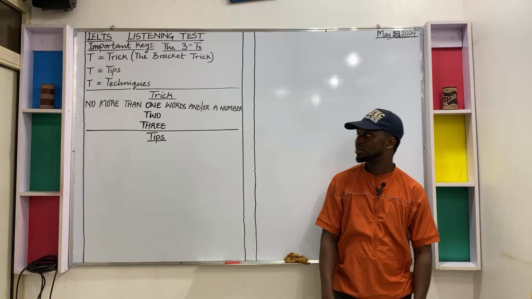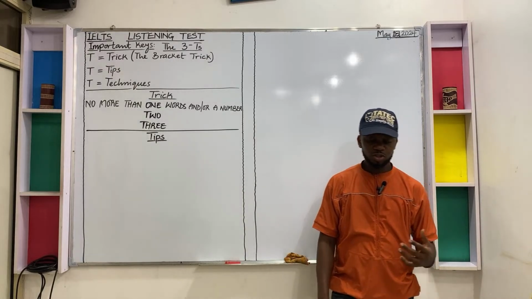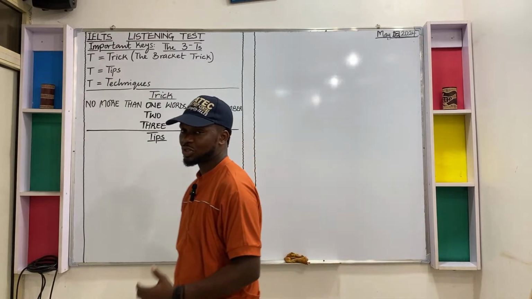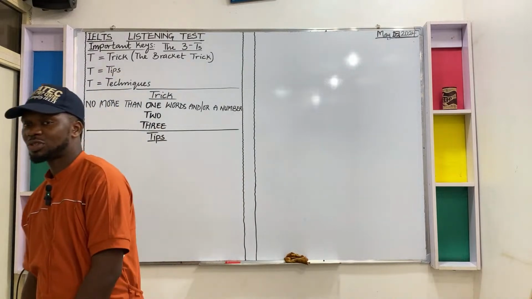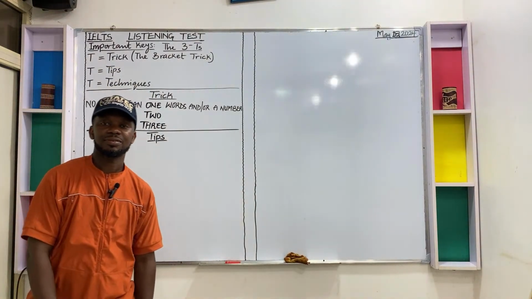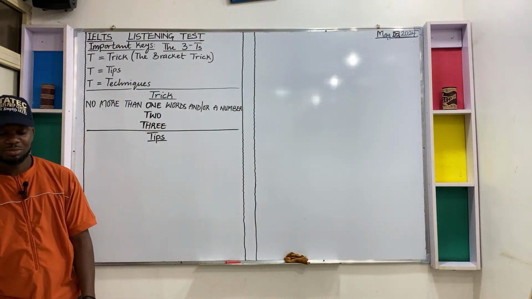What does this mean? If I ask, what do you understand by punctuation? What do you think punctuation is all about? Crossing your T's and dotting your I's. Okay, that's what punctuation means.